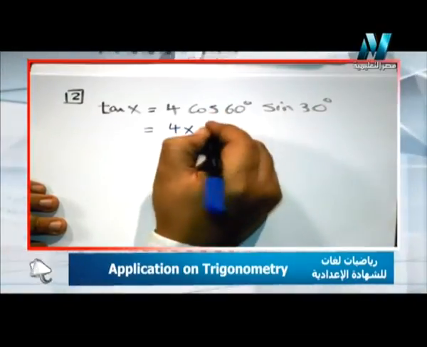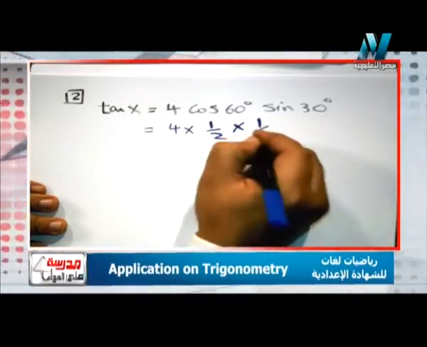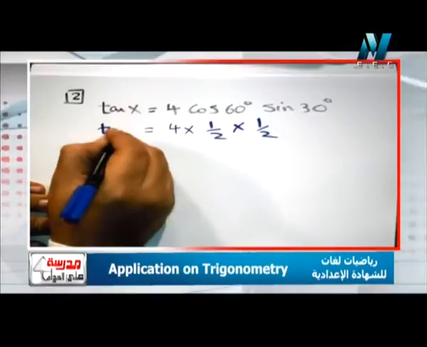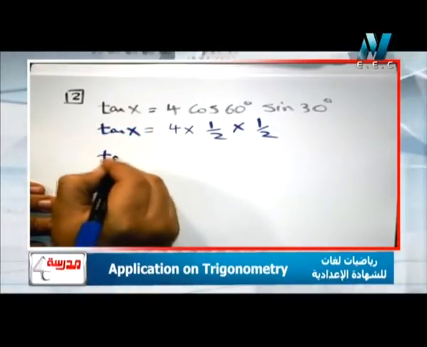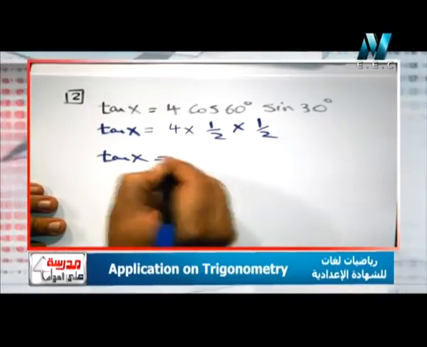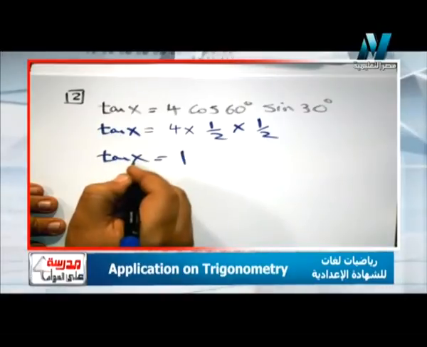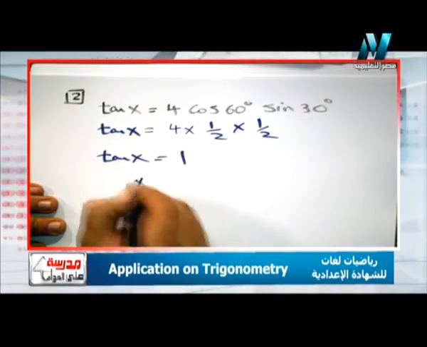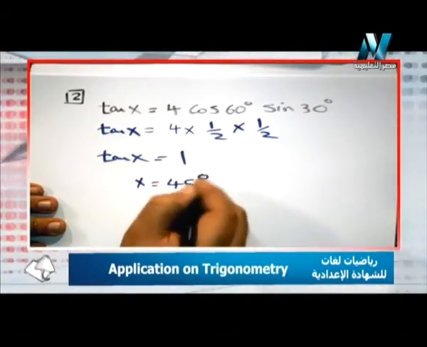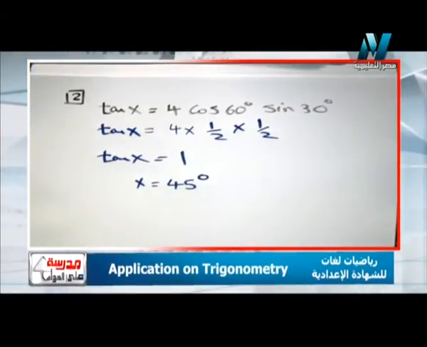So cosine 60, which is 1 over 2, multiplied by sine 30, which is 1 over 2. So tan x equals the product of 4 and half and half. So the answer is 1. So the tan of the angle is 1. Of course, this angle is 45 degrees. So x is 45 degrees, and this is what we have in this exercise.